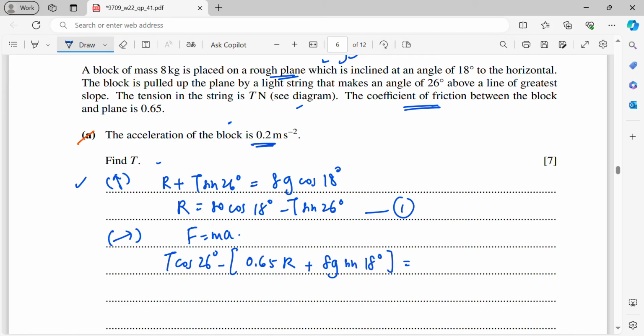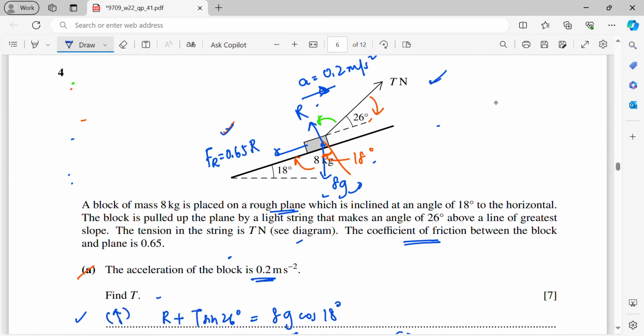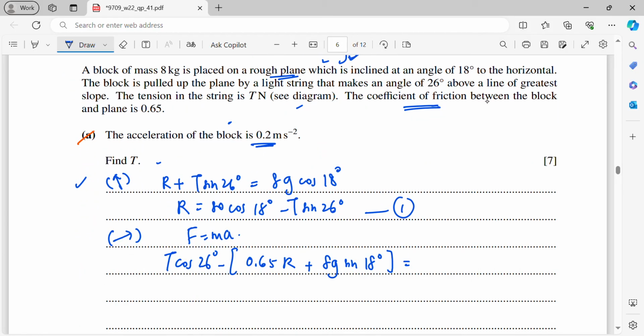Then my M is the 8, because it's mentioned that the mass is 8 kilogram. So 8, and the A is given 0.2. Let this be my second equation. To get the T, I will just substitute the first equation into the second equation.